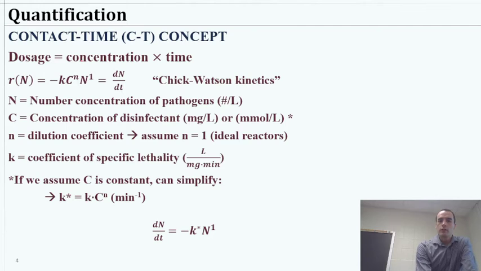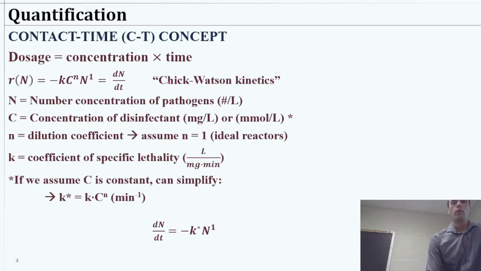You have a dosage, and we're talking about chlorine dosing in terms of the concentration we're using multiplied by the time we give it in contact with the pathogens. So that'll give us a sort of a revised rate constant for our reactions, because it's going to depend on how much of the chlorine or chemical disinfectant we have there, and it's going to depend on the amount of bacteria or whatever pathogen we're dealing with that's there.